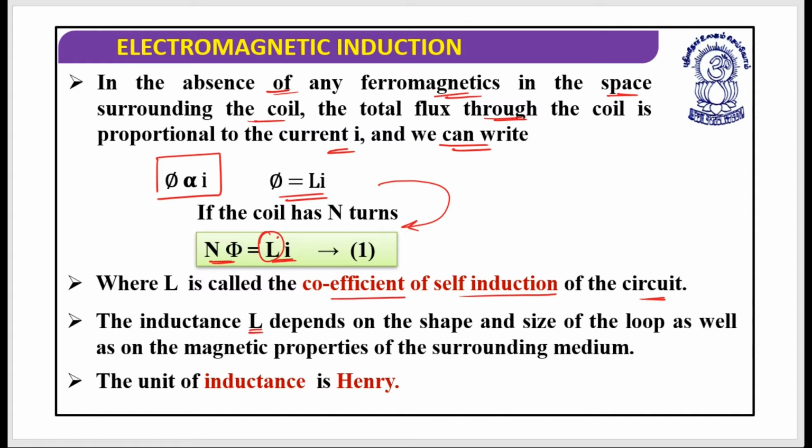This inductance L depends on the shape and size of the loop, as well as on the magnetic properties of the surrounding medium. The unit of inductance is Henry.